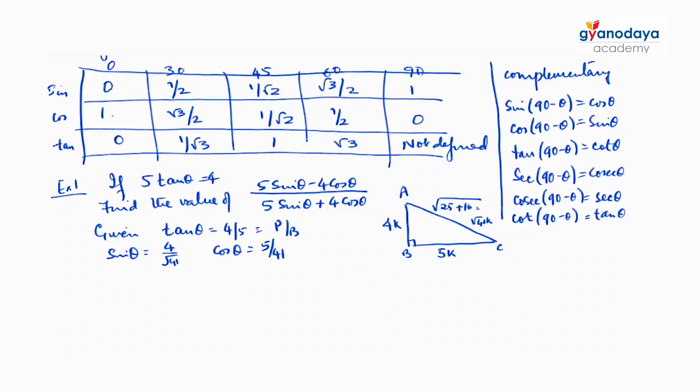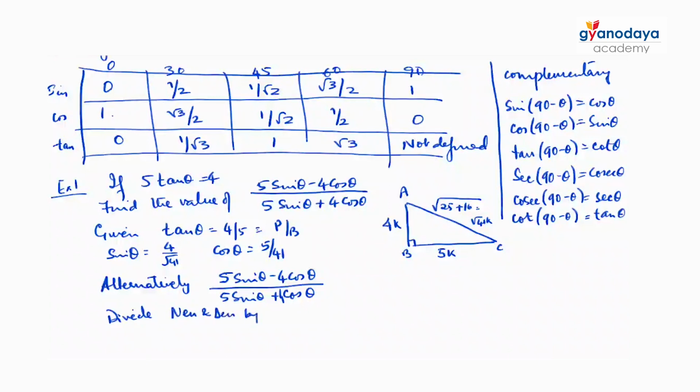The alternate way of doing it is: I can divide the numerator and denominator of (5 sin theta minus 4 cos theta) by (5 sin theta plus 4 cos theta) by cos theta.